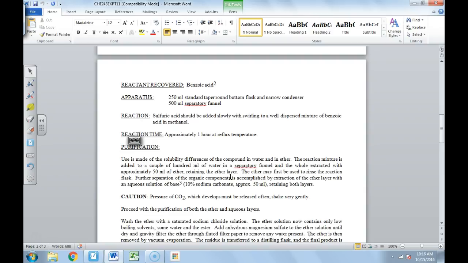But now look at what happens. Further separation of organic components is accomplished by taking that ether layer and using an aqueous solution of base, and that's where we're retaining both layers.